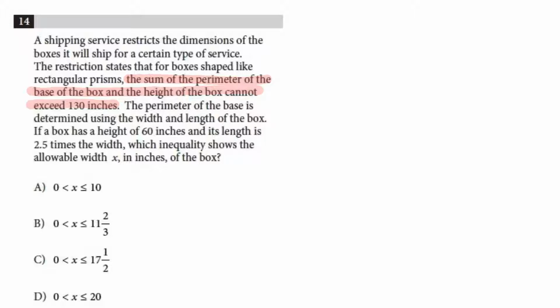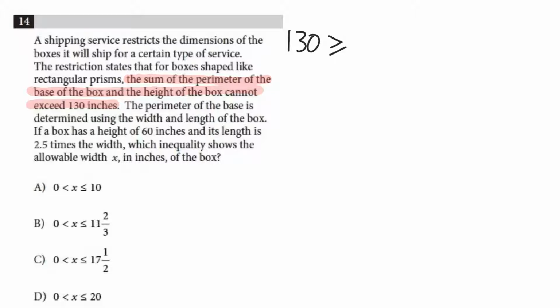Okay, so we know that 130 inches is going to be the max. Cannot exceed 130, so it could be equal to, has to be less than or equal to 130 inches. And the sum of the perimeter of the base and the height.